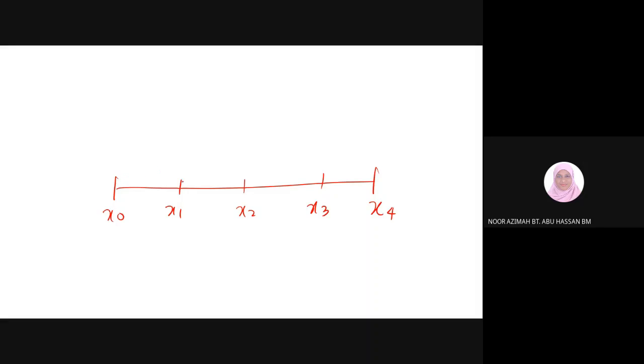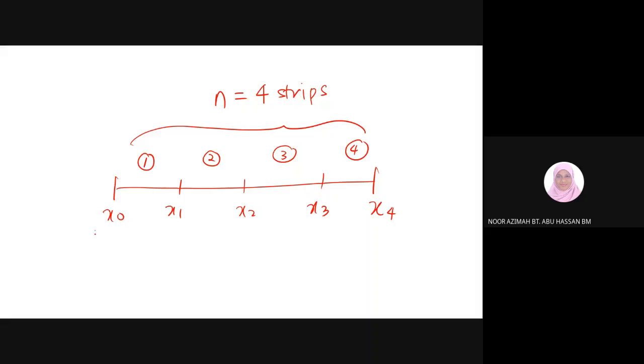Ni x0 sampai x1 ni first strip, second strip, third strip, fourth strip. So this indicates we have n equals 4 strips, with 5 ordinates. Boleh? Following everyone? Okay, next moving on.